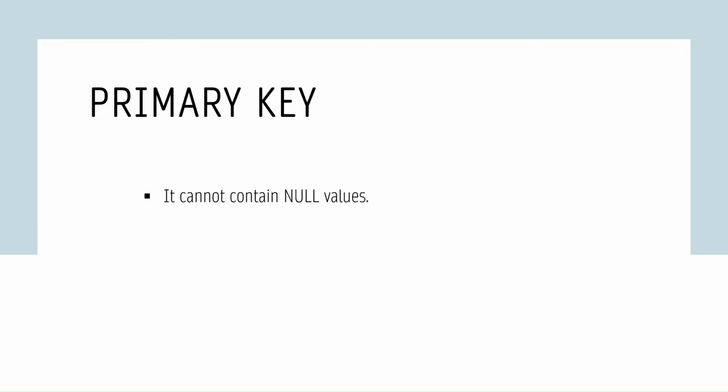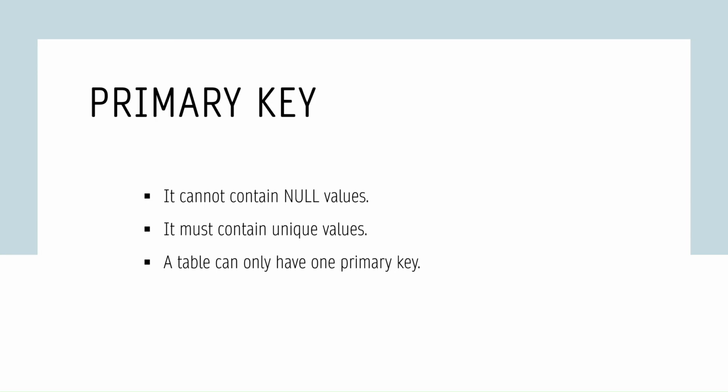The first one is it cannot contain null values. The primary key cannot contain null values. Second, it must contain unique values. And the third is a table can only have one primary key. While if multiple fields are used as a primary key, then they are called a composite key and not a primary key.